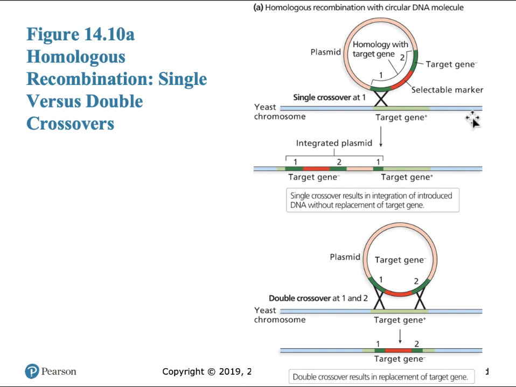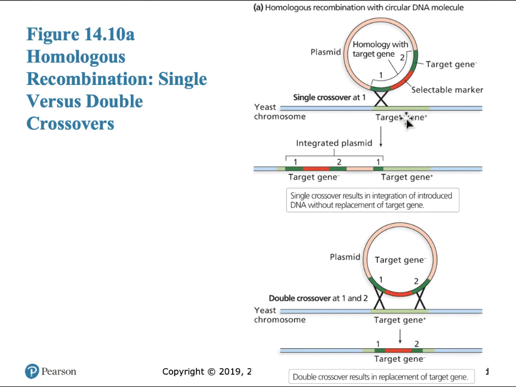So here's a yeast chromosome, and here we have a plasmid. A plasmid is the external introduced piece of DNA, and it contains a selectable marker inside the gene. So this is a mechanism to determine if this fragment of DNA has been picked up by the yeast chromosome.